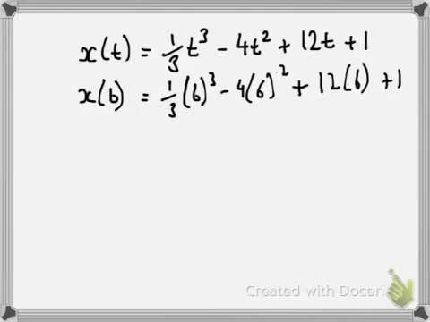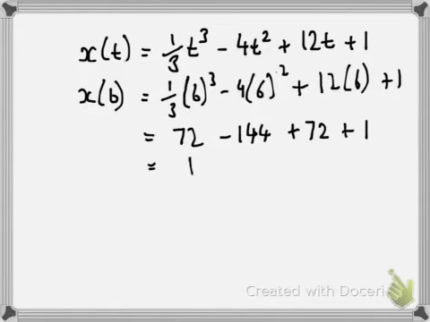Okay, so that equals 72 minus 144 plus 72 plus 1. You might think, oh, there's no way I could do that without a calculator. Okay, but you may need to in the exam. Those sorts of calculations are fair game. So that's going to be 1. So we've got 6 and 1 is our other point.